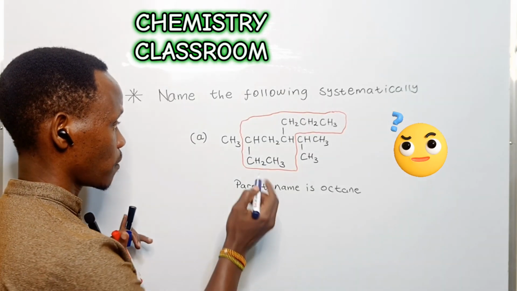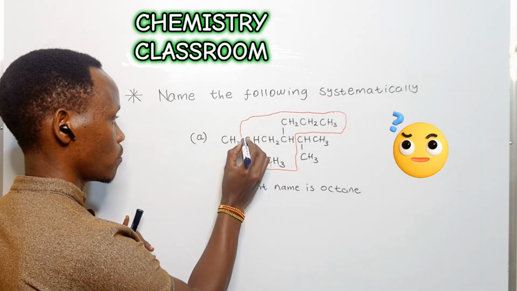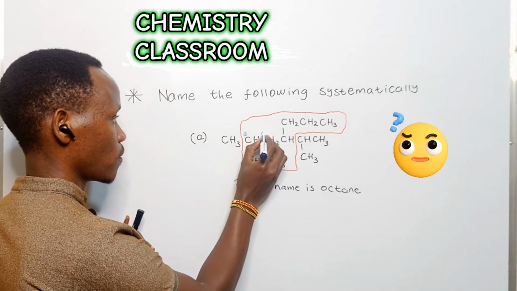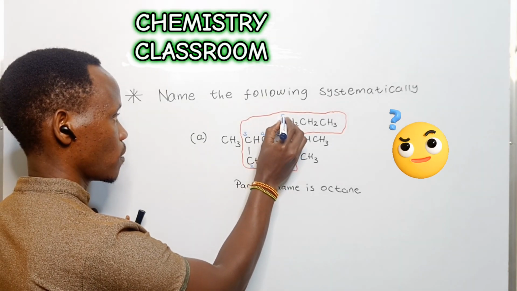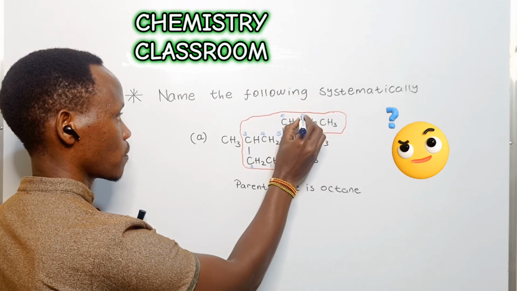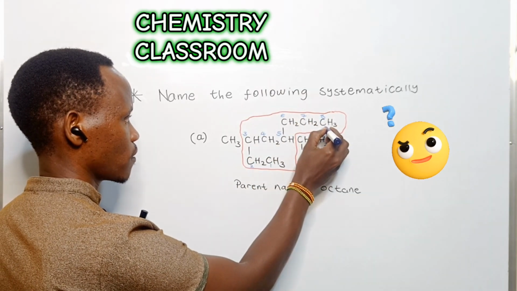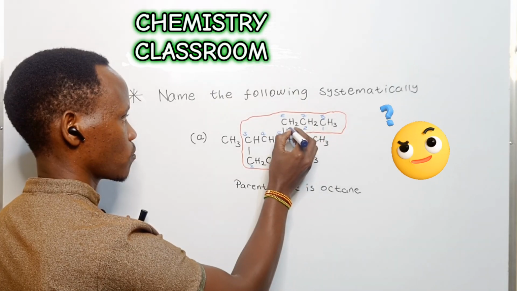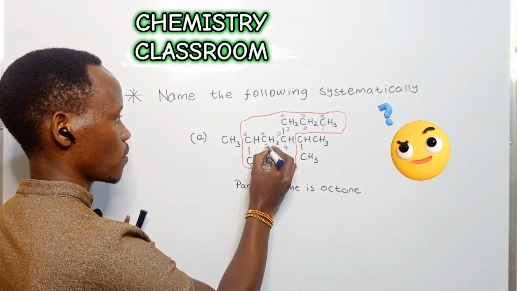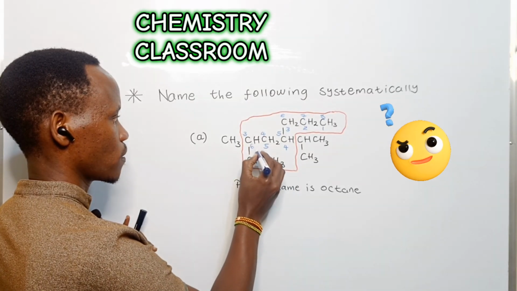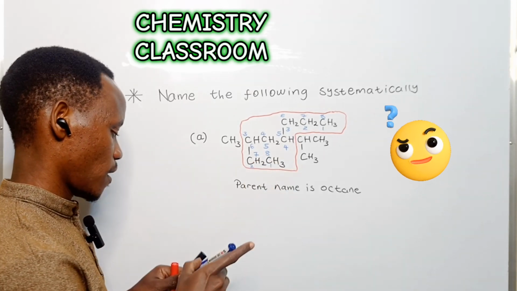So the numbers are 1, 2, 3, 4, 5, 6, 7, 8. And coming backwards is 1, this is 2, 3, 4, 5, 6, 7, and finally 8.